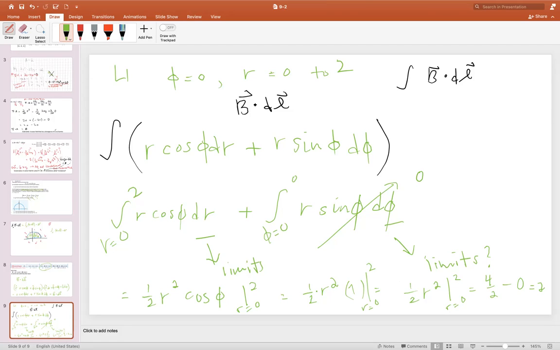For some reason, I'm having a little bit of trouble visualizing this right now, but because we're integrating by d phi and the limits are 0 to 0, we're always going to get an answer where we evaluate at one place and then subtract the same evaluation, which should be 0 every time.